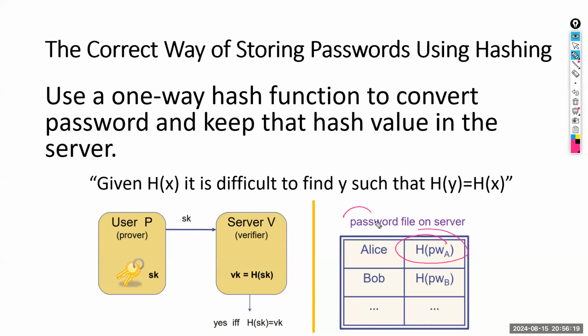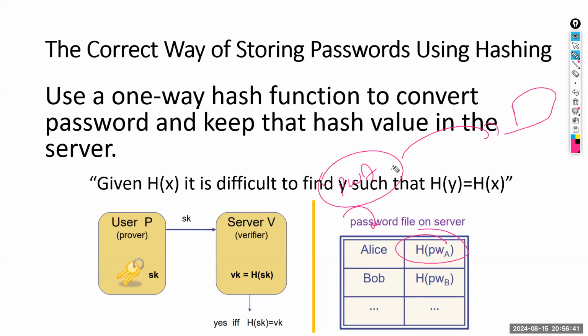So Alice's actual password is PWA, but you don't save PWA in your server database. Rather, you take the hash of that and save it. So next time when Alice logs in, Alice knows the password, so Alice will type his or her password.